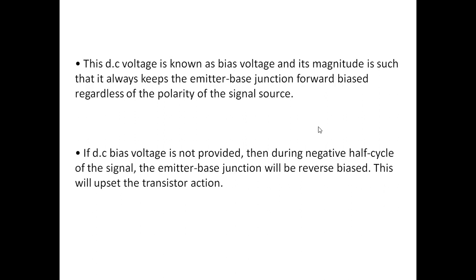Therefore, in order to keep the input junction always in forward bias, we have to provide a DC voltage that is given as VBB.